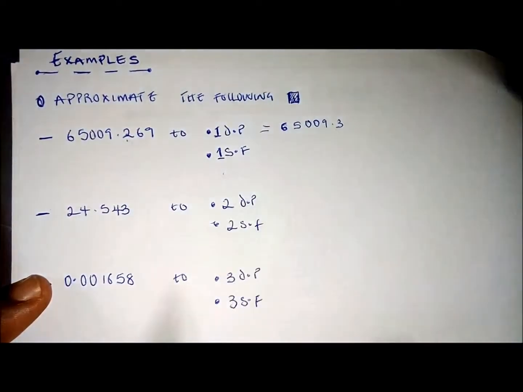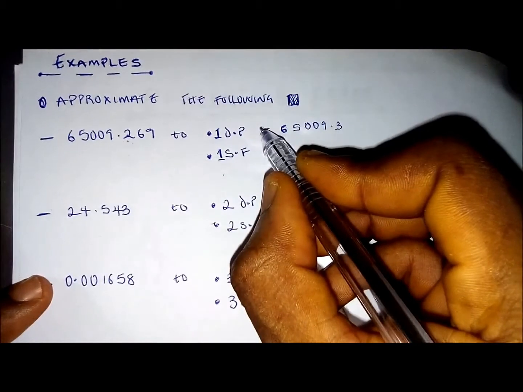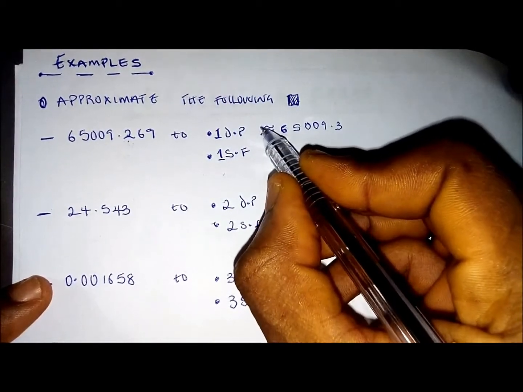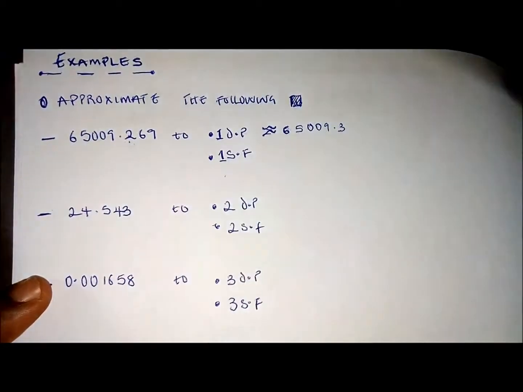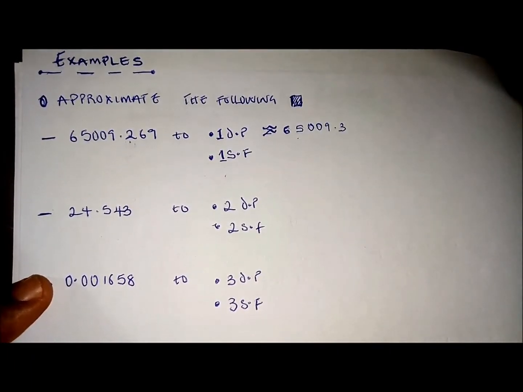So this is in one decimal place. So this is actually the approximated value. So this sign signifies that you've approximated it. So this is the answer for that question for one decimal place.